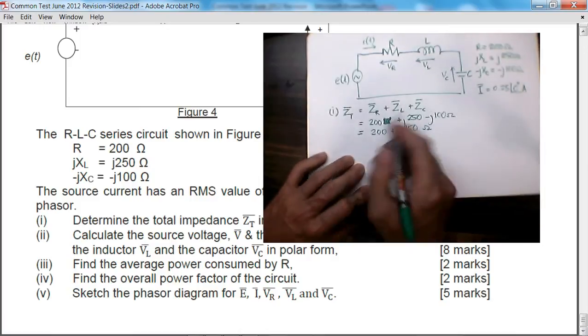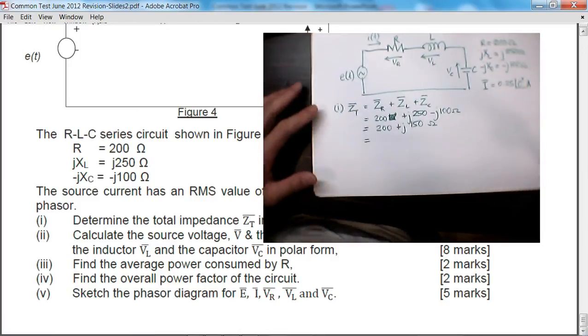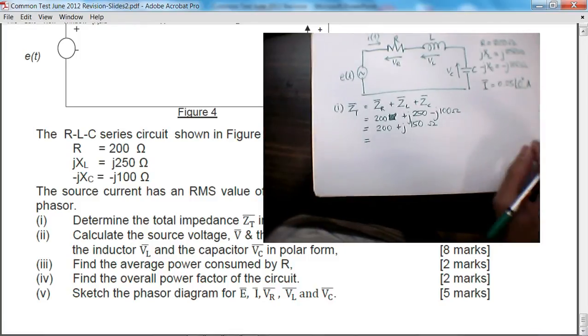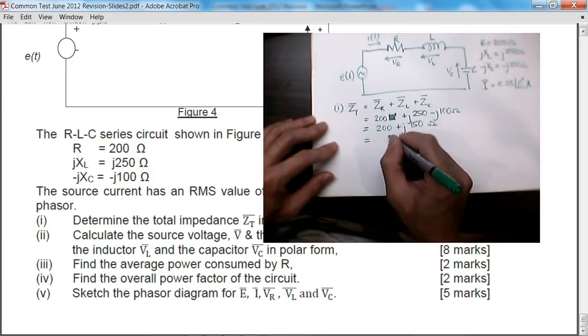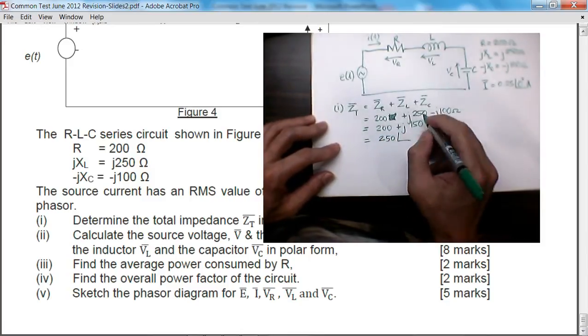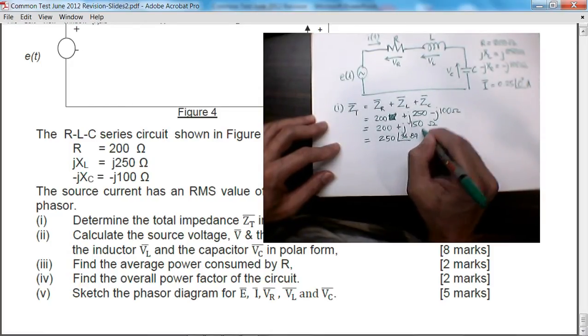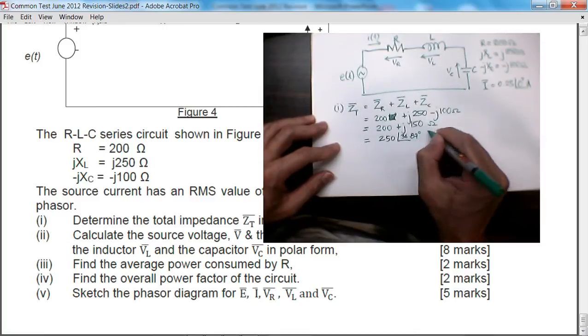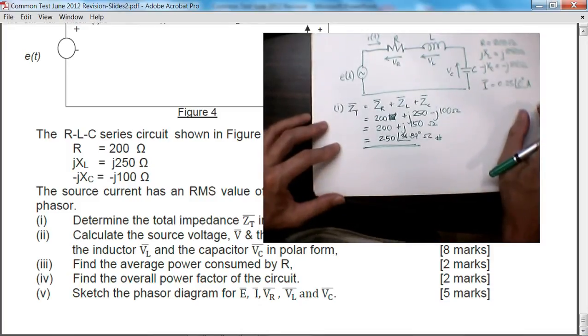That's rectangular form, so I convert that to polar form. In polar form, it will come out as 250 at an angle of 36.87 degrees.